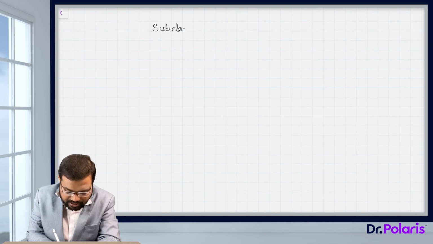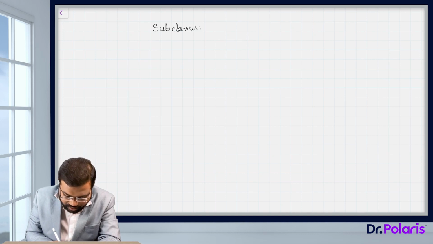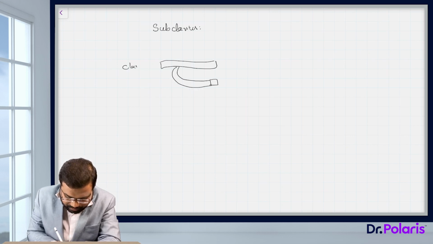The name itself suggests that it is present below the clavicle. Let's imagine this is the clavicle, and just beneath it the first rib comes with its costal cartilage. This is the clavicle and this is the first rib.